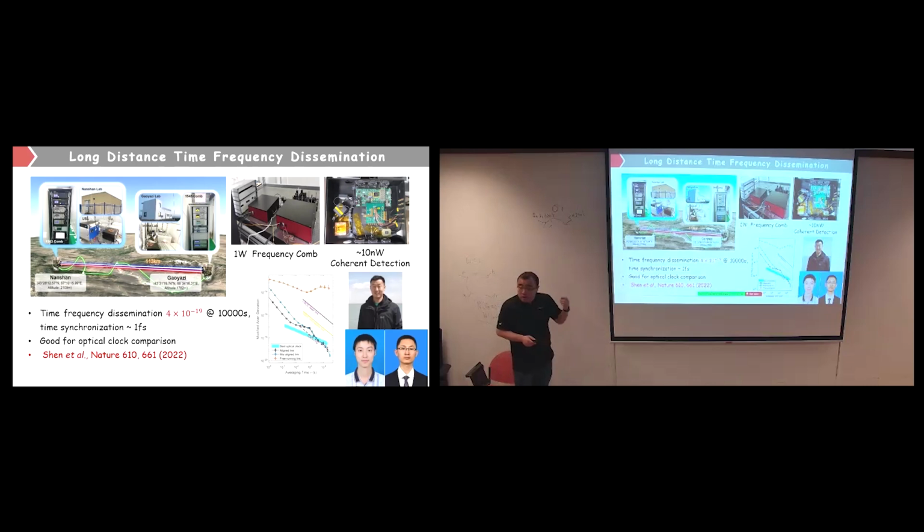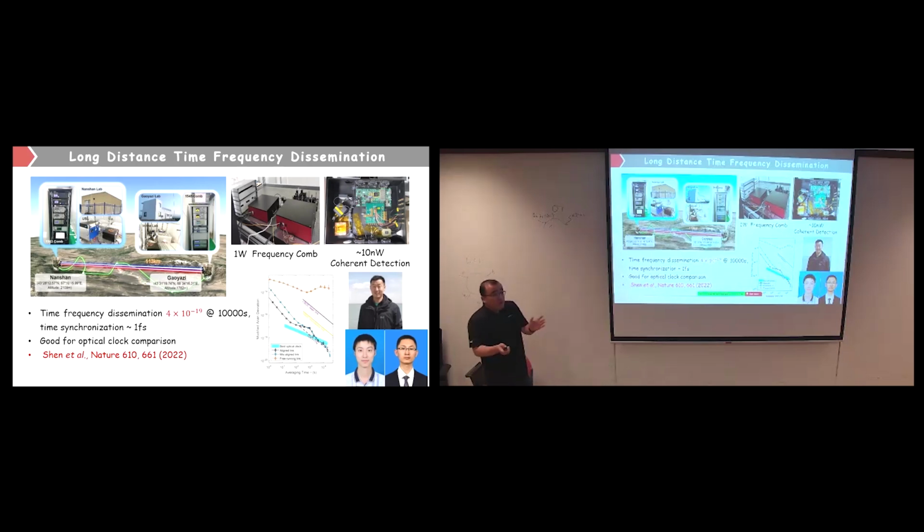For fiber, you're just using the CW laser locked into the ultra stable cavity. But in the free space, you couldn't use the CW laser because there will be some turbulence. If it blocks your light, then you actually couldn't find the interference pattern. So in this sense, you need to use some pulse laser, but a pulse laser actually is not very stable, except for the frequency comb.